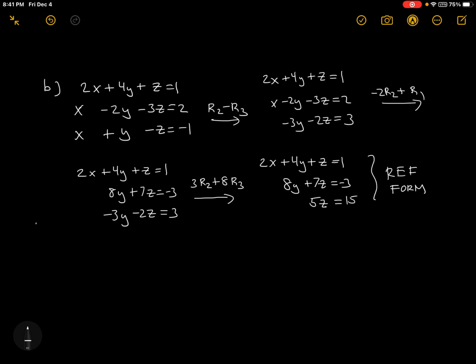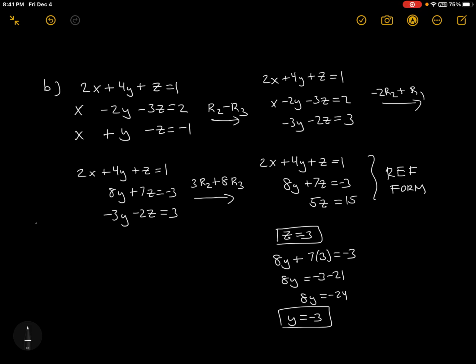Clearly, you can solve. You get z is equal to 3. And then substitute, 8y plus 7 times 3 is equal to -3. You're going to get 8y is equal to -3 minus 21. 8y is equal to -24. y is equal to -3.